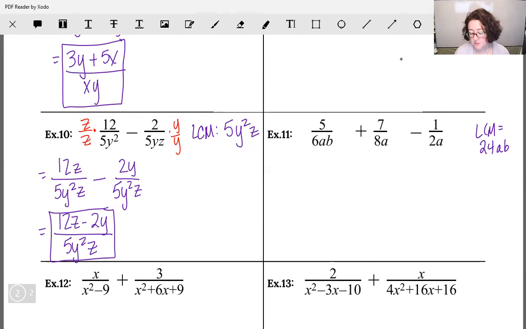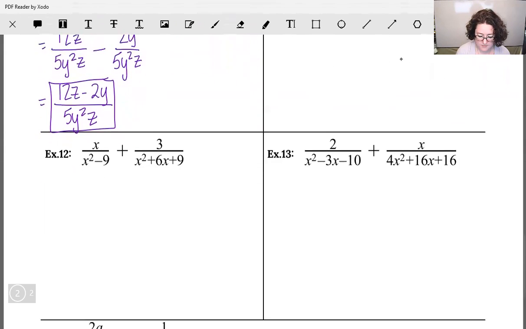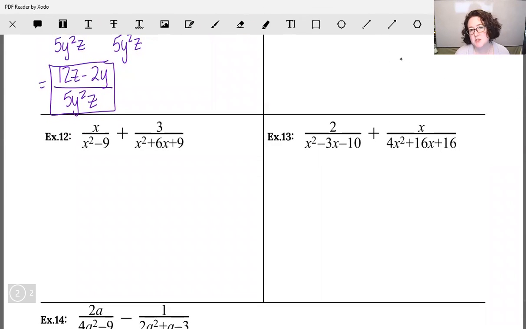Alrighty, so let's do number 12. So number 12, now we have expressions. So we need to factor these out first before we can determine what our LCM is. So factoring out our first denominator, we have an x plus 3 and an x minus 3. Second denominator, x plus 3, x plus 3. Okay, so our LCM is going to have 3 terms in it.